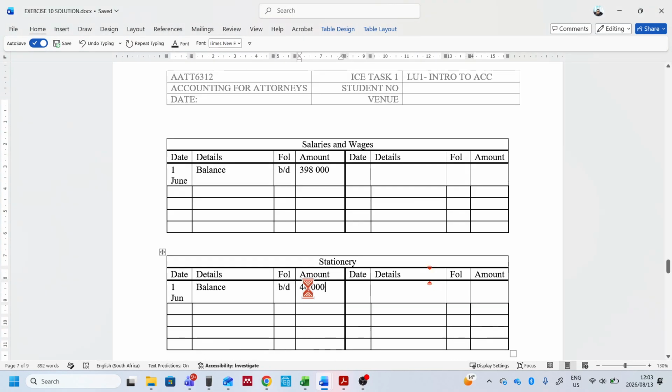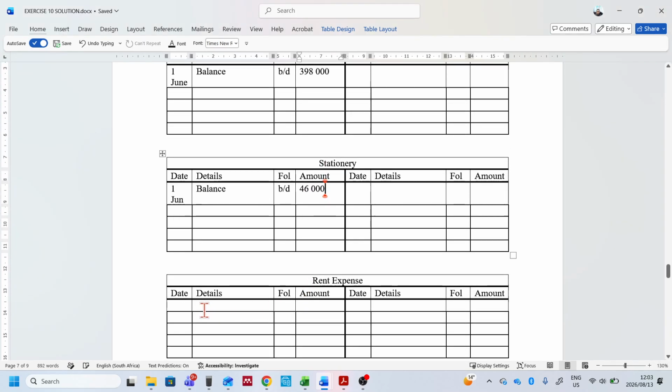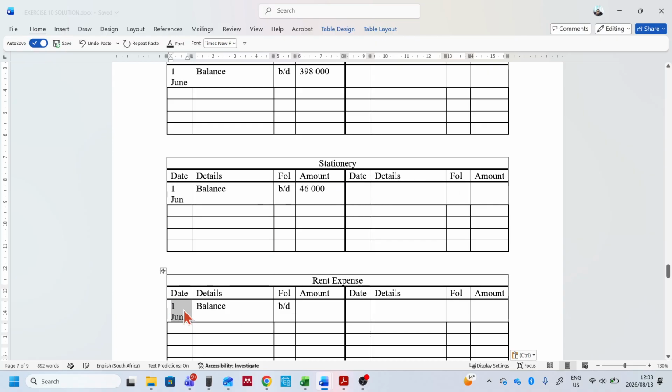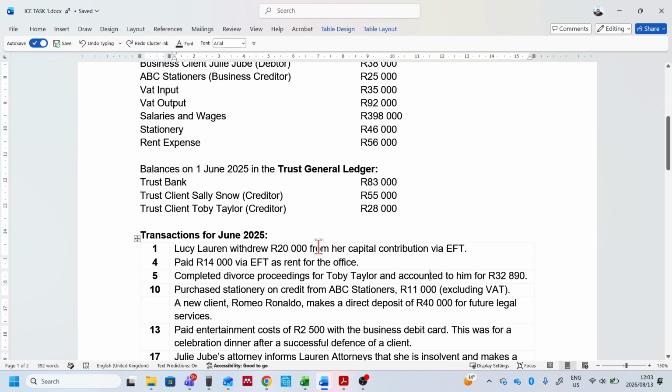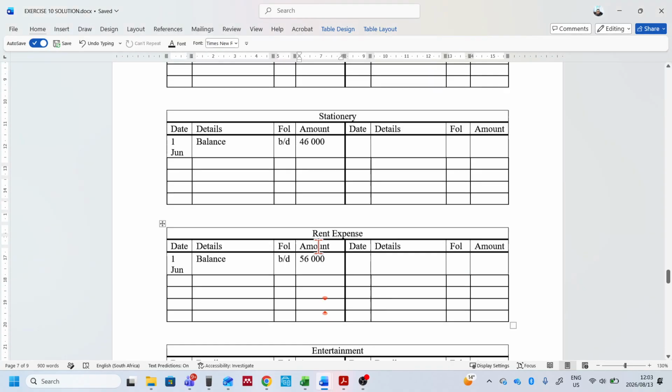Rent expense, 56,000. And then we jump over to your trust books. On your trust book, your trust bank has an opening balance of 83,000.